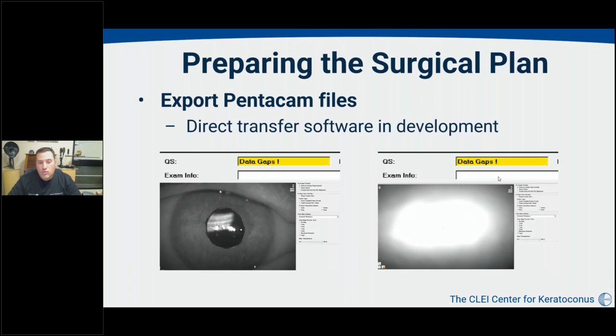Obviously, with the picture on the right, we really can't plan the placement of the inlay relative to the pupil, whereas with the picture on the left, it's no problem. So it's one of the things that you do want to check. We're not accustomed to always looking at that iris image when we take a Pentacam, so make sure that it's clear before you upload the data.